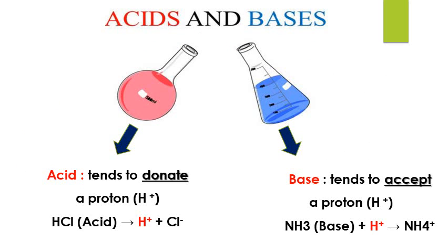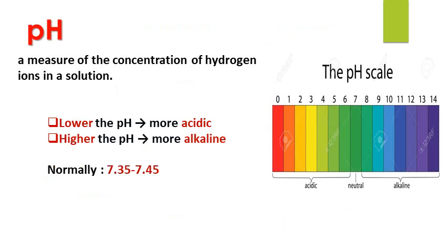Acids are any substance which tend to donate a proton or hydrogen ion, like HCl, which dissociates into hydrogen ions and chloride. Bases tend to accept a proton or hydrogen ion, like NH3 combined with hydrogen ions to give NH4.